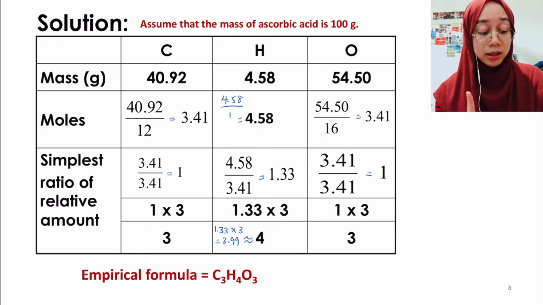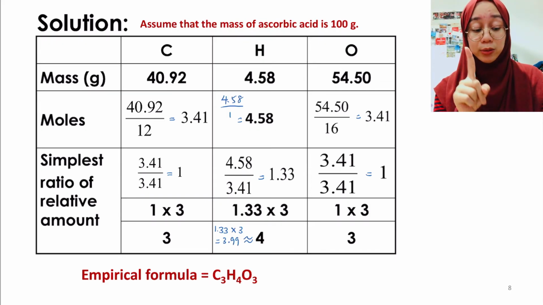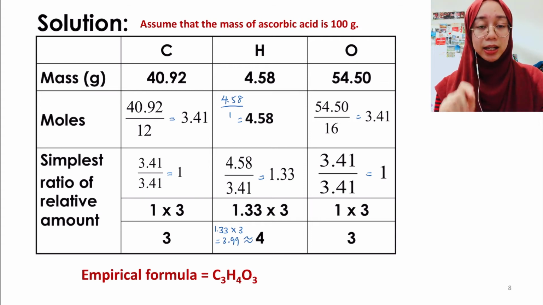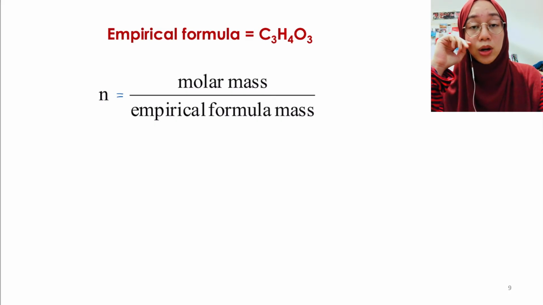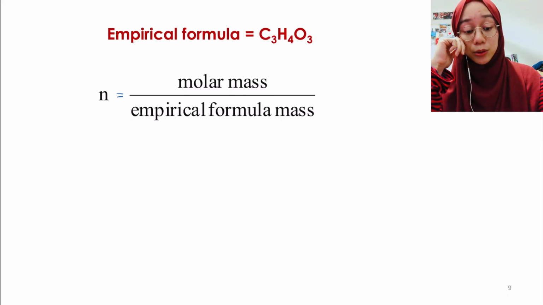Okay, dah settle kah? Belum lagi kan? Kita dah jawab satu soalan, which is the empirical formula. Tapi kita nak kena jawab pula di molecular formula. Okay, so molecular formula tadi, relationship antara empirical formula dengan molecular formula adalah kita kena cari value N ni. Okay, where N is equals to the molar mass which has been given to you.